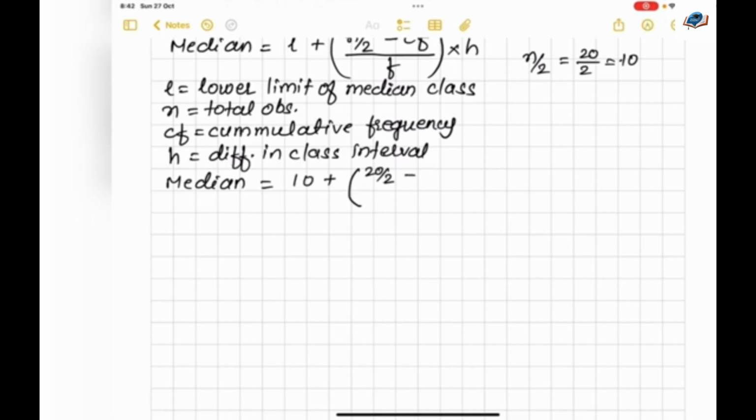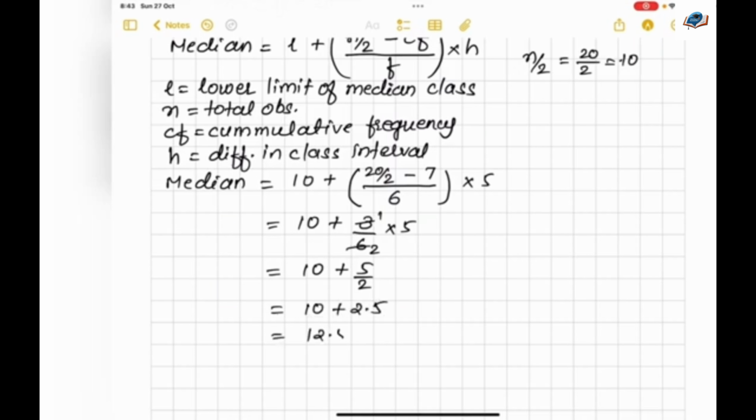So if I solve this, 10 minus 7 will be 3. 3 by 6 into 5. So this will be 10 plus 5 by 2. 5 by 2 means it will be 2.5. So my median will be 12.5.